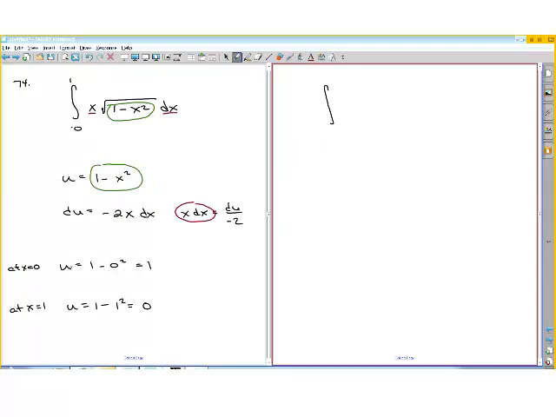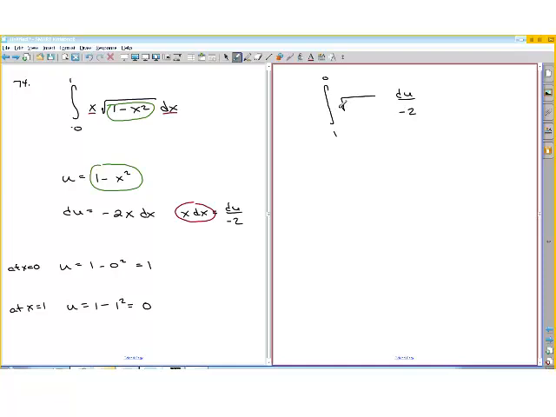We're going to substitute the lower limit with 1 instead of 0, and we're going to make the upper limit 0. And that's fine. We can do that. It doesn't matter what order the limits are in. Just be consistent. x dx becomes du over negative 2.